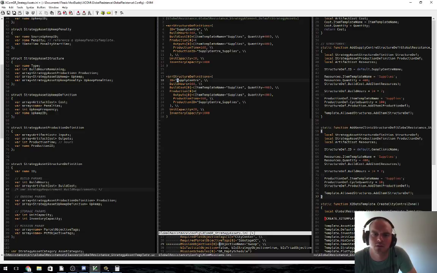So let's carry this on and we'll go for Gene Clinic. And this time, it's got that build cost, and instead of outputting that, it goes abducted bodies. That's what the gene clinics were really for.